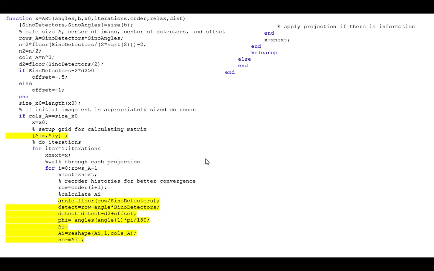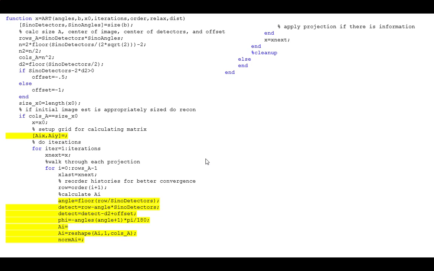That gives me proportional detectors and angles. It tells me how many angle jumps. So I floor that, because I don't care if I was partway through it. Partway through the detectors is still the same angle.